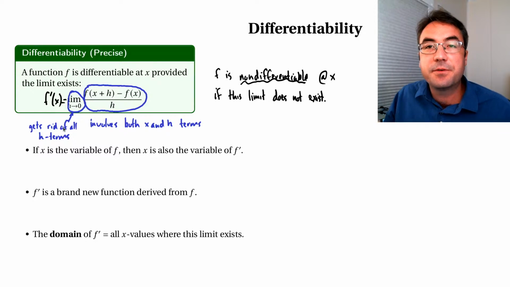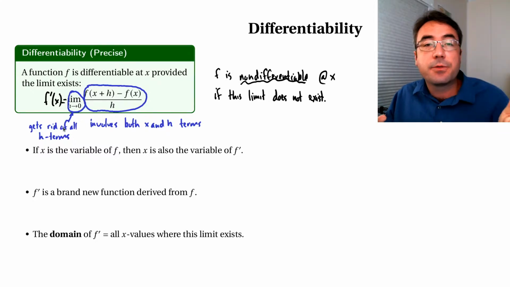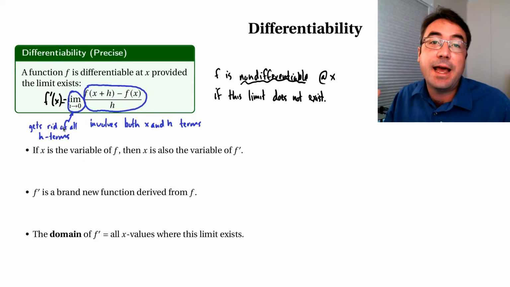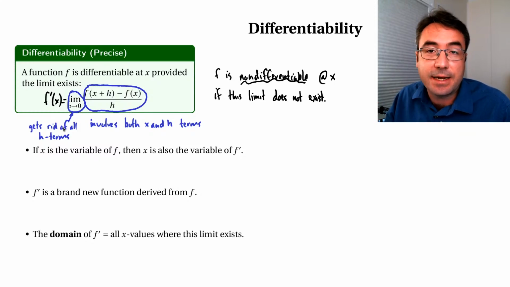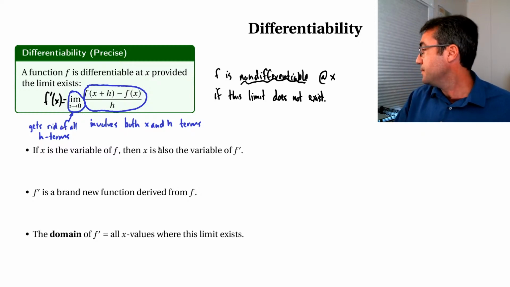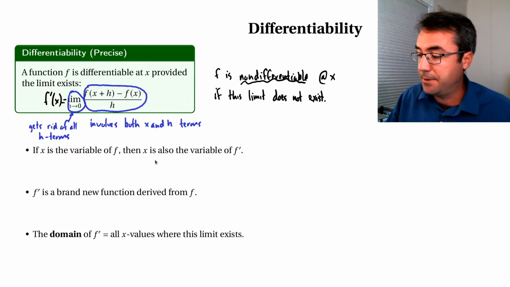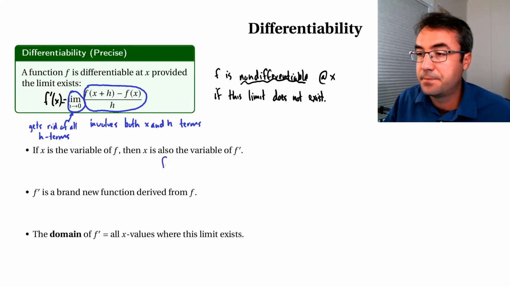So in the end, if our function f has x as a variable, then the new function f prime also has x as a variable. So f prime should not depend on h in any way. There should only be x's.